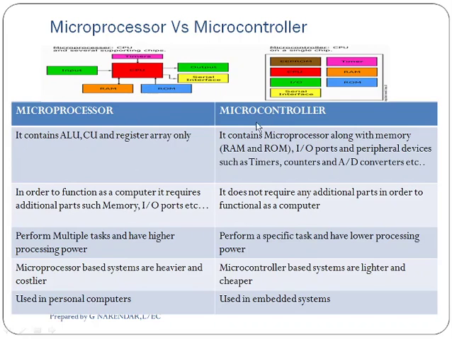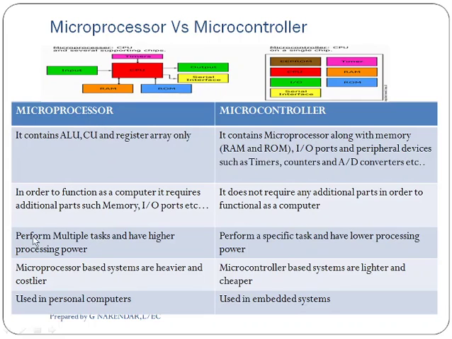But the microcontroller contains all of them, so it does not require any additional parts to function as a computer, right? So a microcontroller on its own can function as a computer.